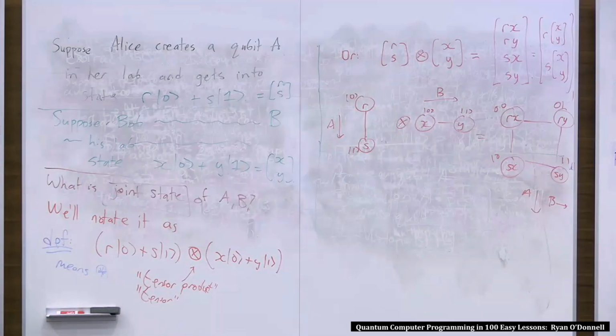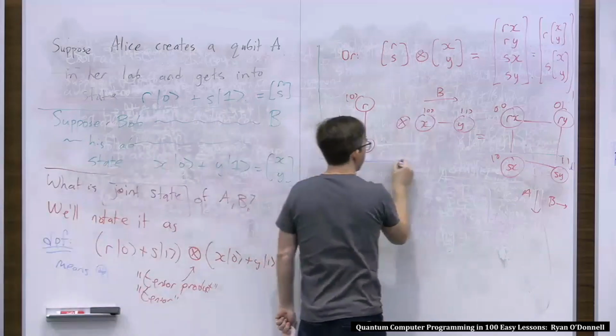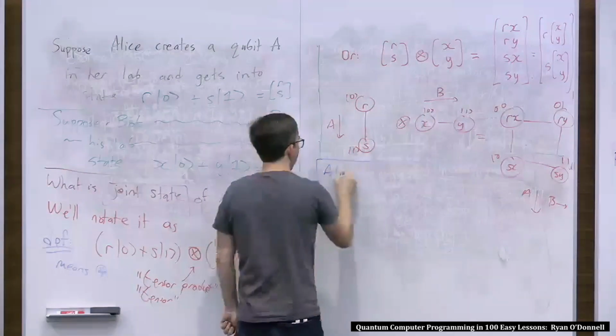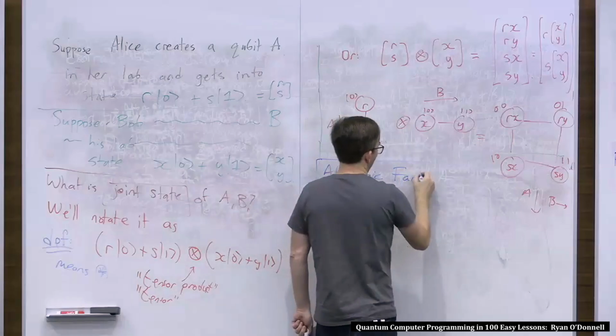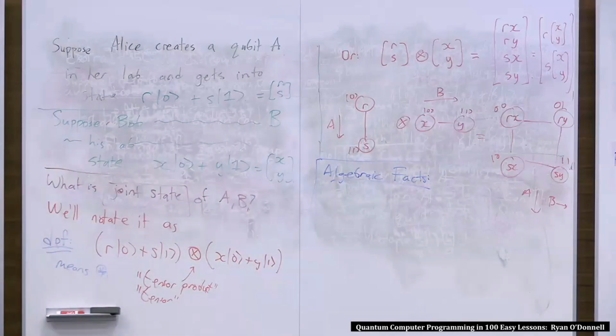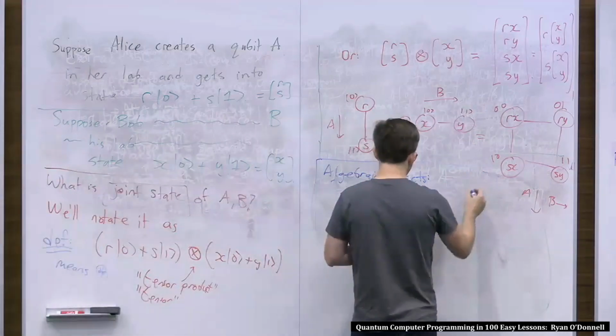So I'm going to tell you some algebraic facts about this tensor product symbol. Again, I'm not going to tell you every fact or prove in detail every fact. I'll leave some of this to homework, but it's pretty intuitive. I just don't want to take forever.